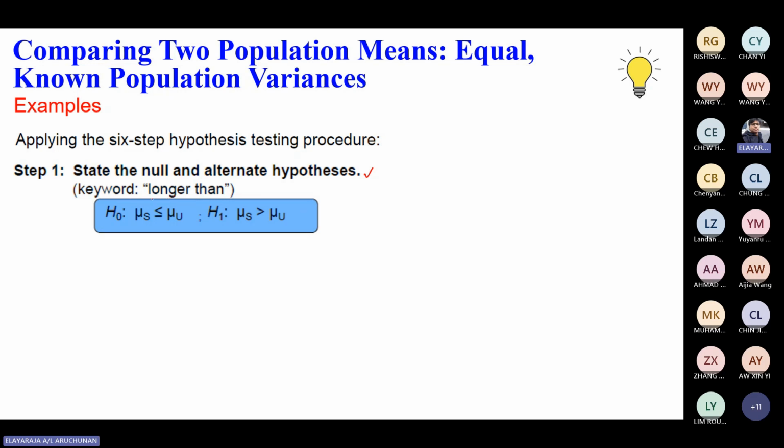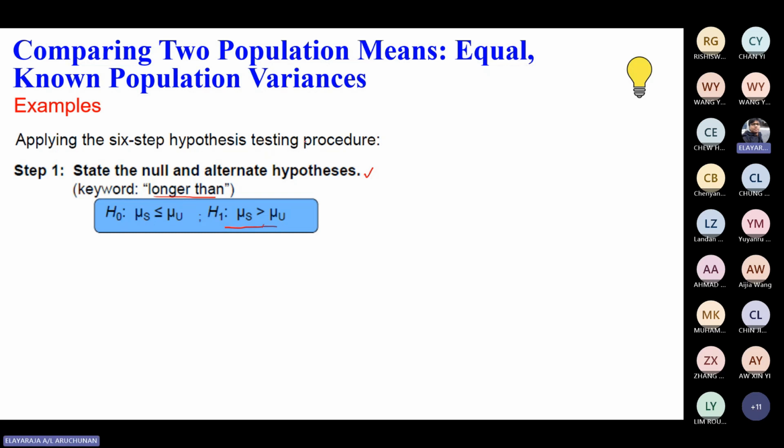Since the keyword is longer, you should know this comes up with the statements less or equal or greater or equal. Now we're going to prove the alternative. As I said earlier, always remember we're not going to prove the null statement, but we're going to prove the alternative statement or alternative hypothesis.